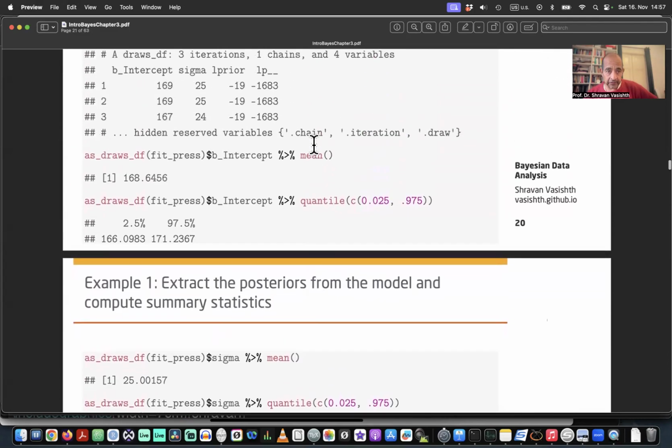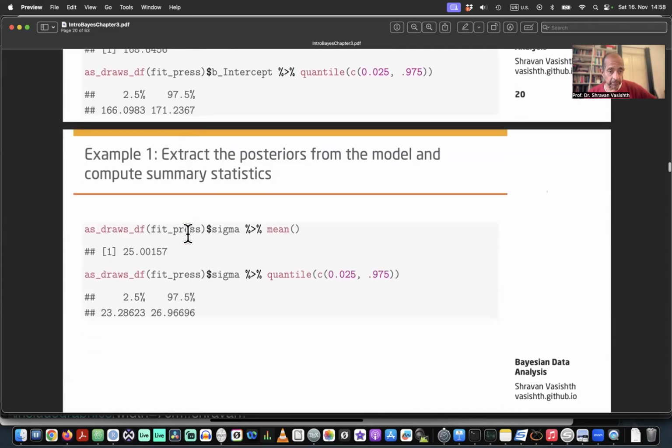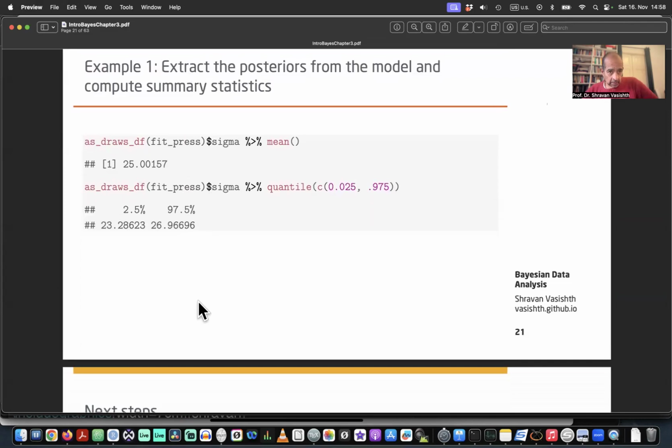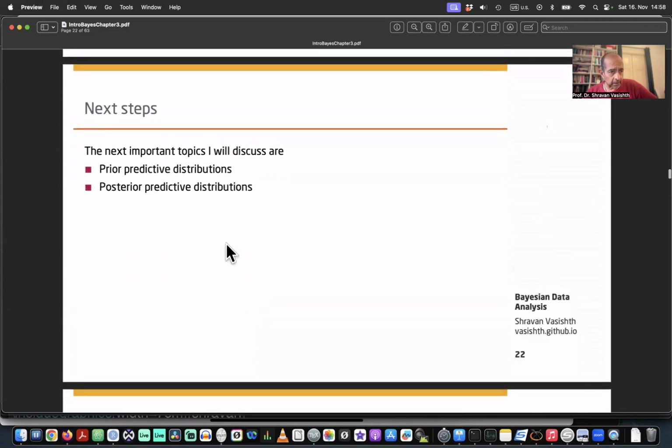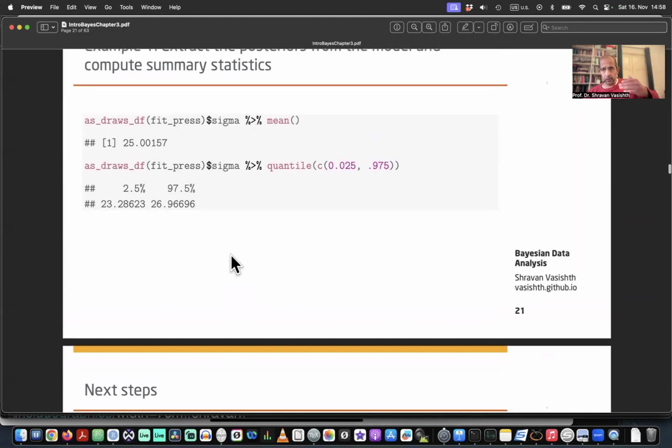That can be very convenient, to have access to the posterior samples, okay? All right, so here's doing the same thing with sigma, computing the summary statistics.